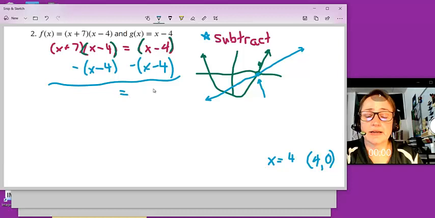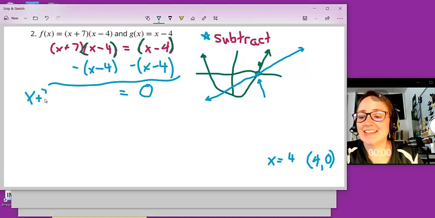I've subtracted that x minus 4 away. And what I have on the left-hand side is still the x plus 7 times x minus 4, and now subtracting an x minus 4.